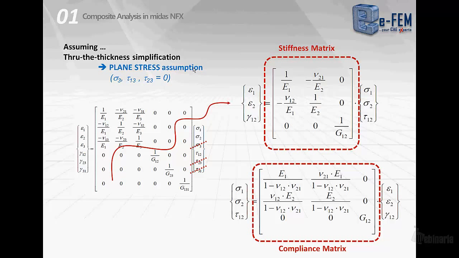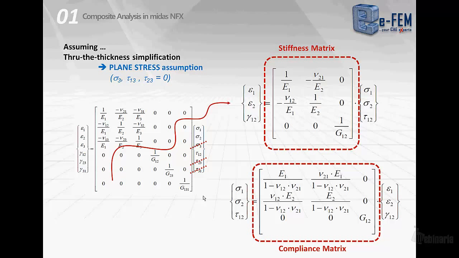We can simplify the matrices again, and we arrive at a 3 by 3 matrix that describes the stiffness matrix of the material. Inverting, we can have the compliance matrix. So we have defined the complete stress-strain relation of the single lamina.